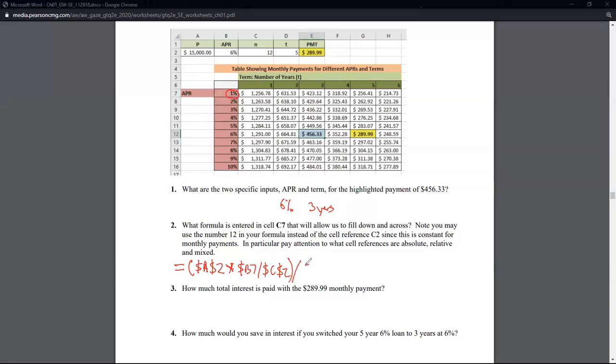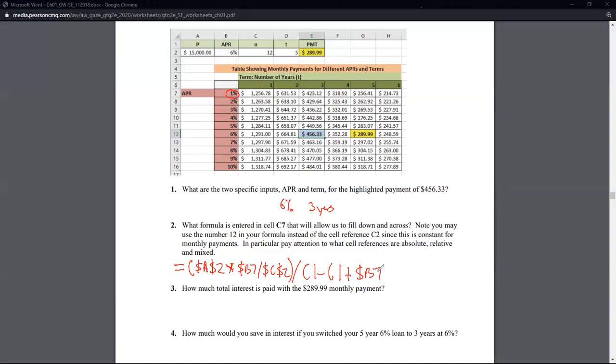Then we open the parentheses, then a 1 minus, open another one, a 1 plus. And then this is supposed to be the cash B7 again. Again, this is using the payment formula from before that I can't go to at the moment.